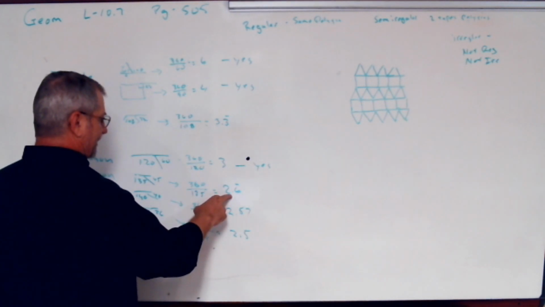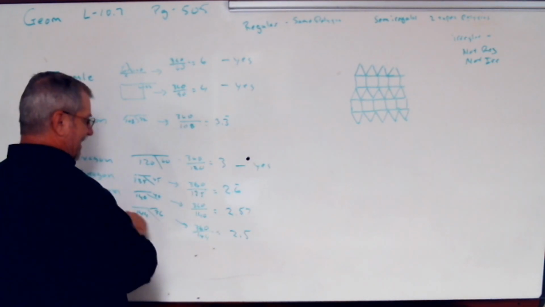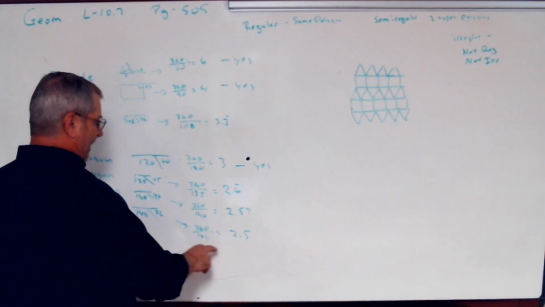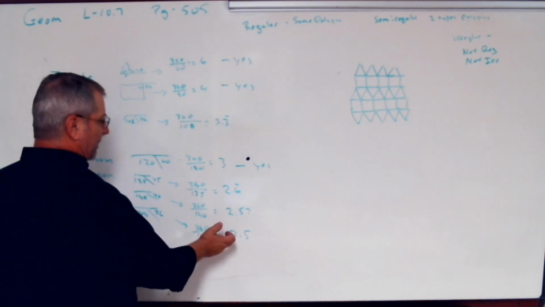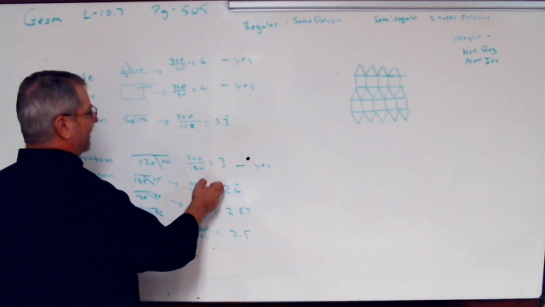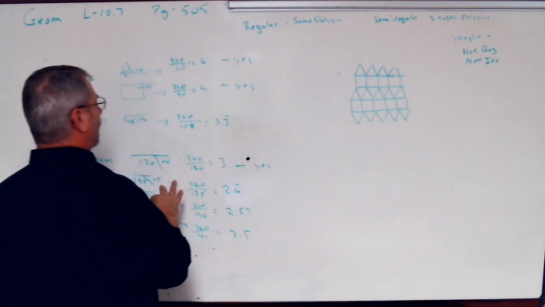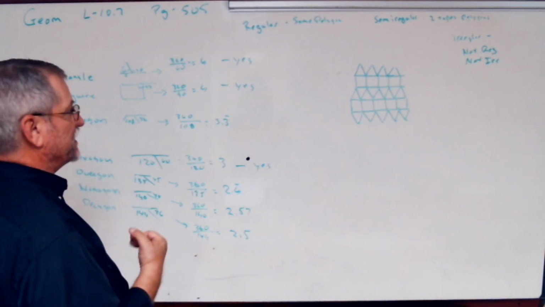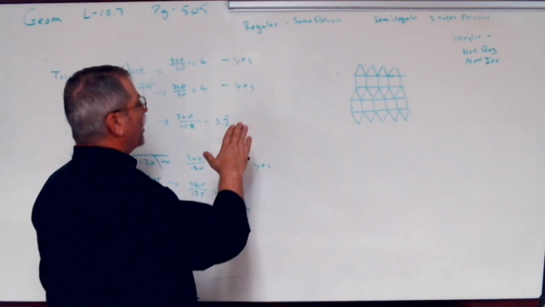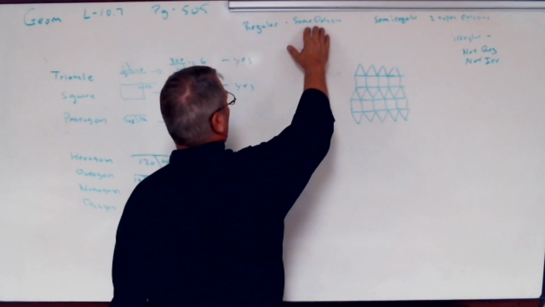Octagon comes out there. Nonagon, that's 9 sides here. Decagon, 10 sides here. So this will not, this will not, this will not, this will not. This, this, and this are the 3 that form regular tessellations, where I'm using all the same polygon.